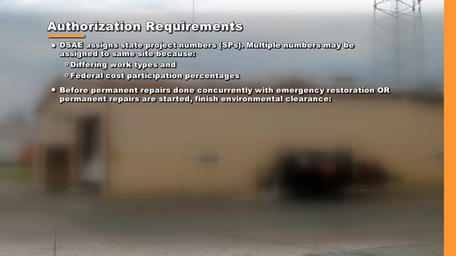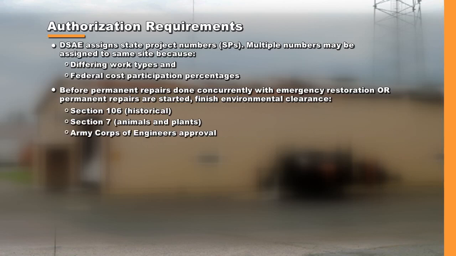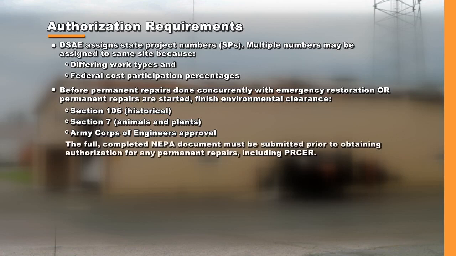Before permanent repairs done concurrently with emergency restoration, PRCER, or permanent repairs are started, complete Section 106, Section 7, Animals and Plants, and Army Corps of Engineers approval. Remember, the full, completed NEPA document must be submitted prior to obtaining authorization from FHWA for any permanent repairs, including PRCER.